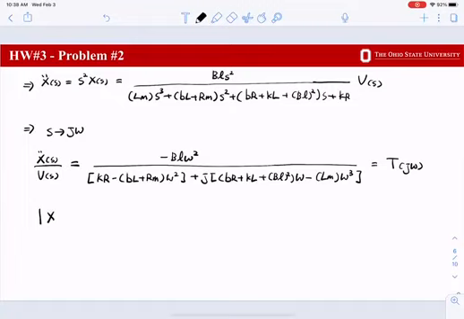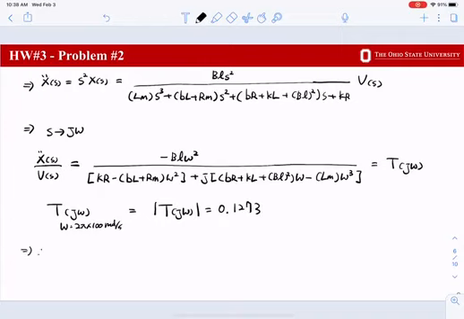When you plug in omega equal to 2 pi times 100 radian per second, you get this magnitude as 0.1273. So finally, we get X double dot (j omega) equals T(j omega) times the magnitude of the voltage V(j omega).